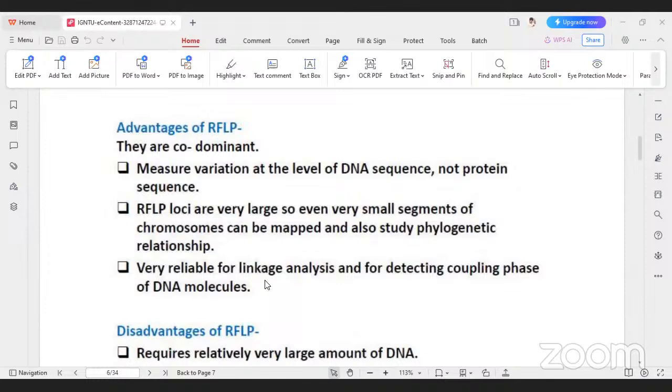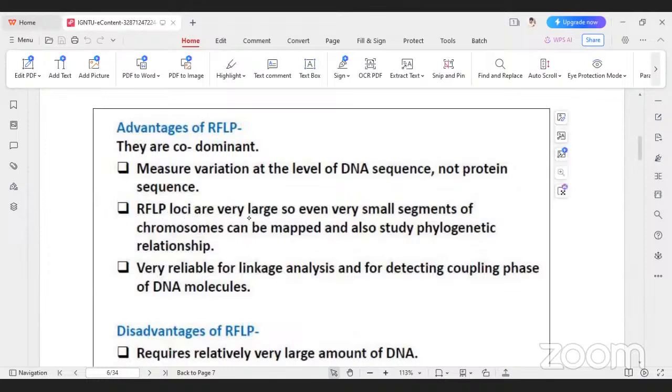The RFLP loci are very large, so even a very small segment of chromosome can be mapped, and it is also used to study phylogenetic relationships based on the loci. Next, it is a very reliable marker and easily detects DNA molecules. So these are the advantages.